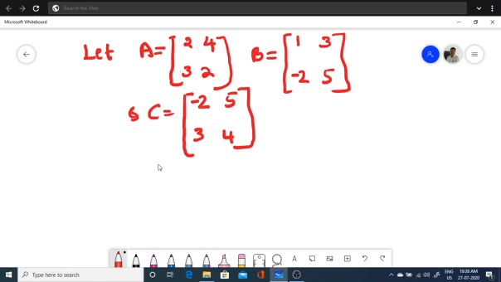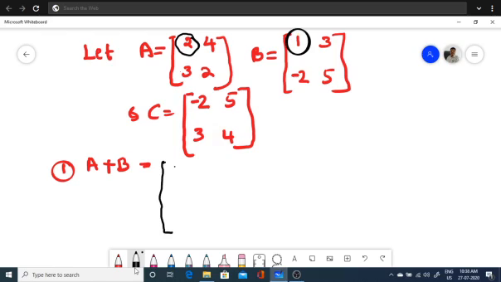So here let's find out A plus B. So how to find A plus B? Just by adding the corresponding elements of A and B. So 2 plus 1, and 4 plus 3.